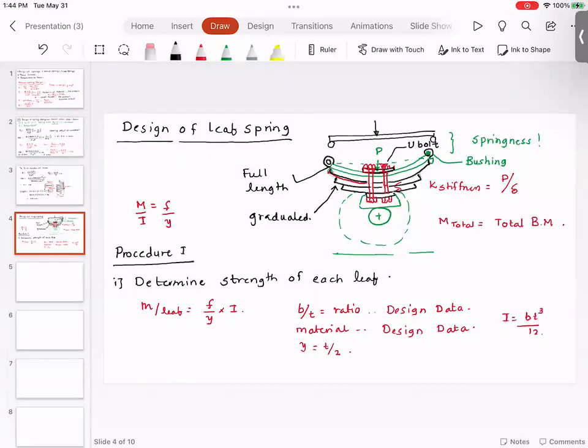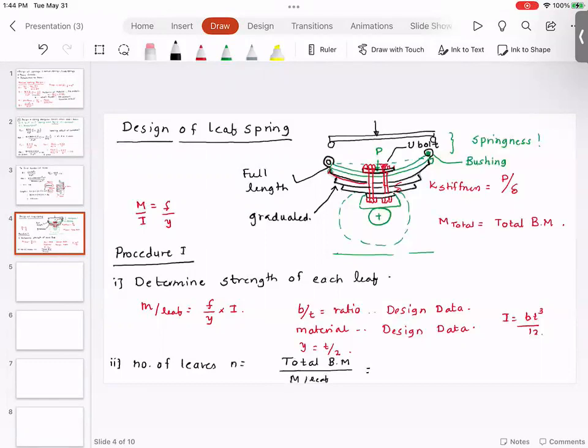So next step is we can find out the number of leaves. This is N. N is total bending moment divided by bending moment per leaf.